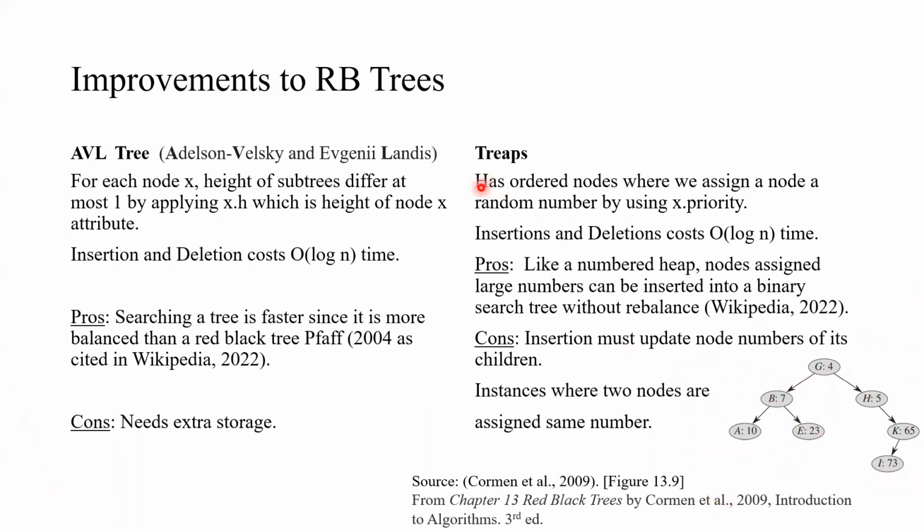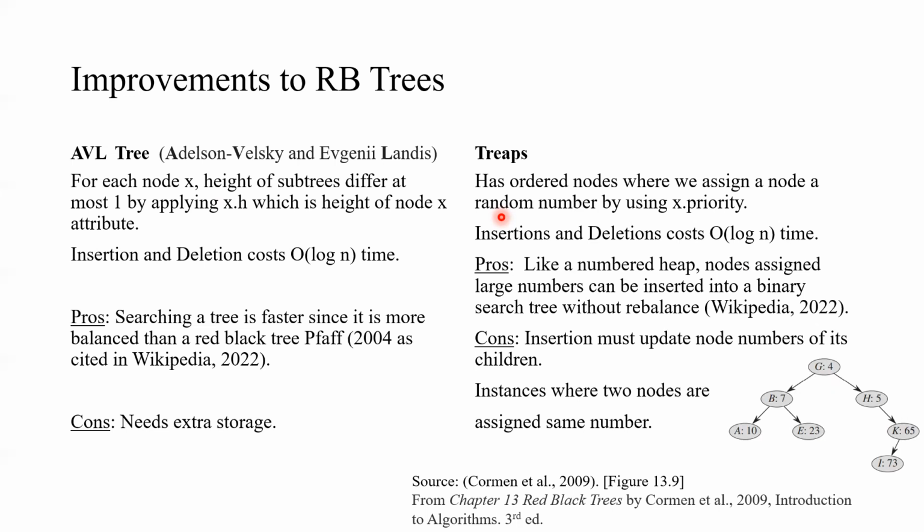However, I should say that treaps order nodes, meaning that it gives a node a random number from a random number generator by using X dot priority, as the book calls it. So one of the pros is that if we have a node that was assigned a large number by the random number generator, we can insert it into the binary tree without having to rebalance the tree.